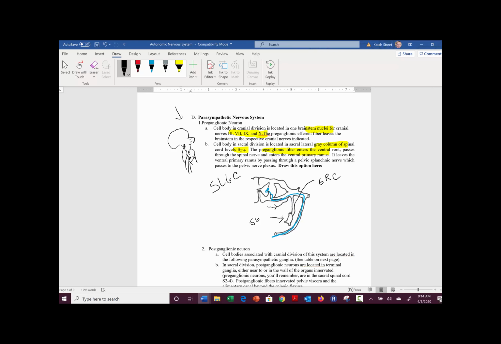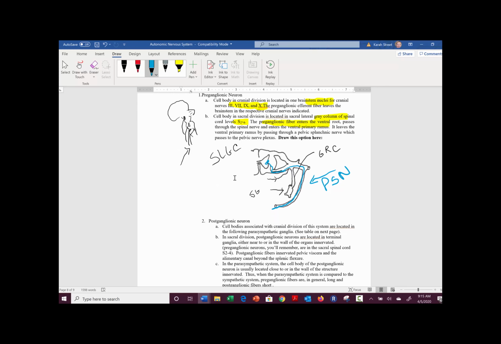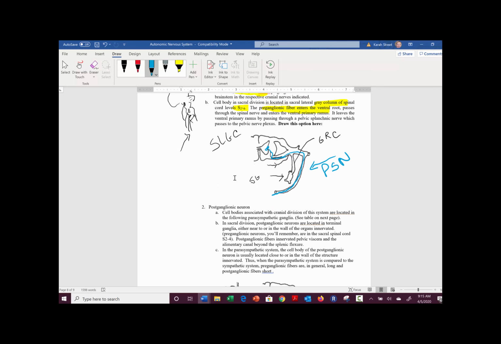I'm just trying to draw this level of the spinal cord as correctly as I can. So that's the option for the preganglionic parasympathetic. They come off the brainstem, or in the case of the sacral equivalents, they are using a pelvic splanchnic nerve. Much easier. Parasympathetic is a much simpler division.